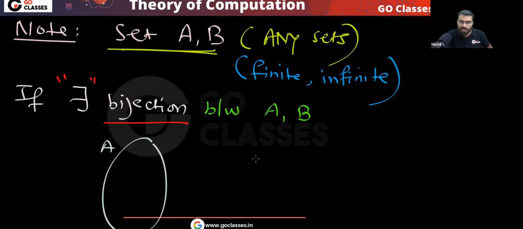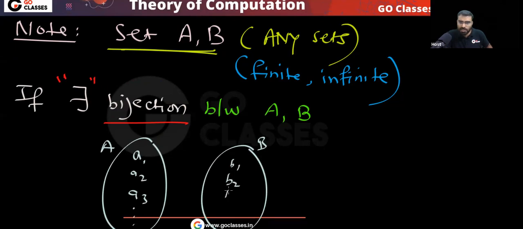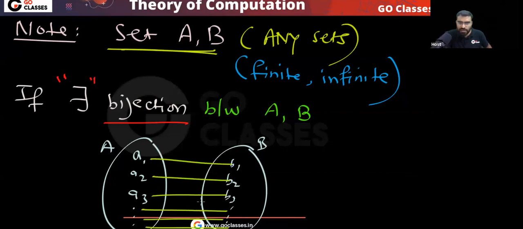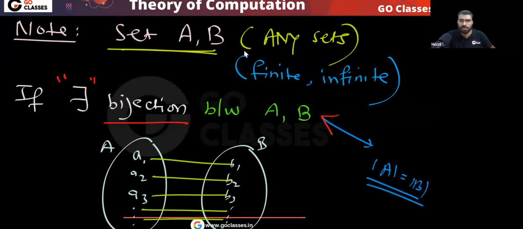This is your set A, this is your set B: A1, A2, A3, and so on; B1, B2, B3, and so on. Bijection means one-to-one correspondence. One-to-one fight. So if there exists a bijection, you will say they have the same cardinality, the same size. Yes or no?